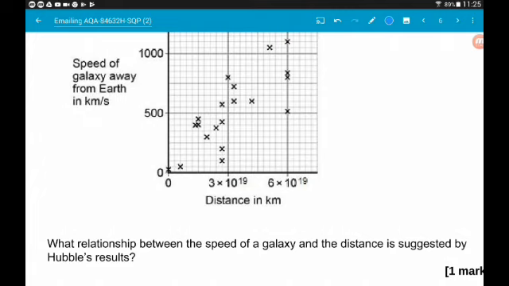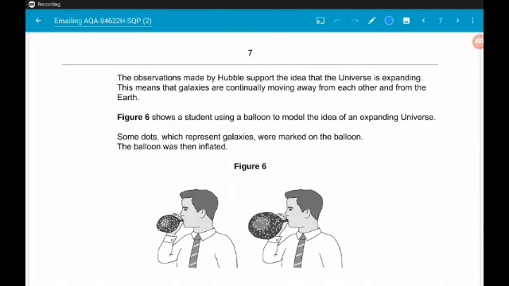So we could say the further a galaxy is from Earth, the faster it is moving away from us. The observations made by Hubble support the idea that the universe is expanding. This means that galaxies are continually moving away from each other and from the Earth.